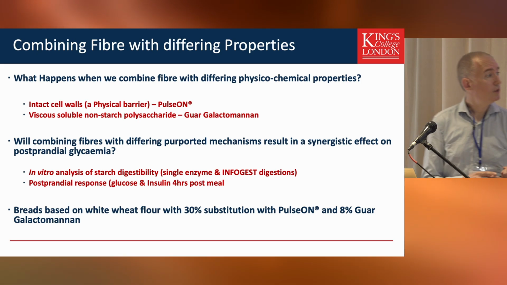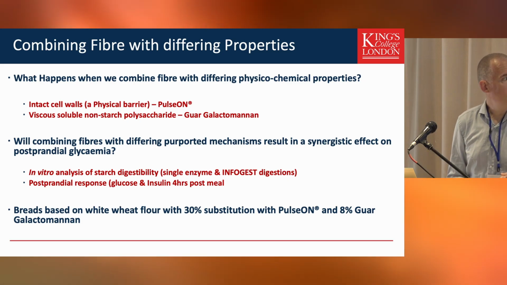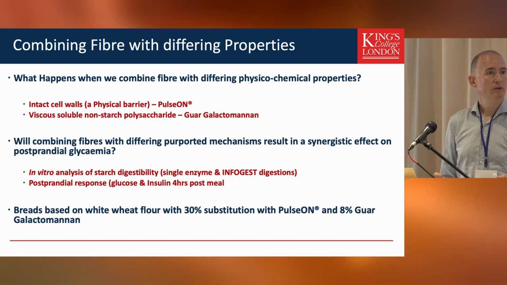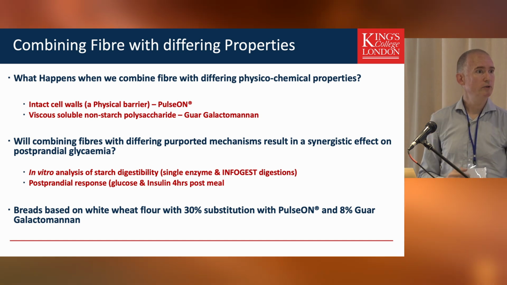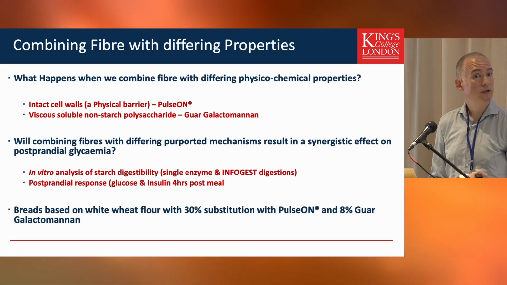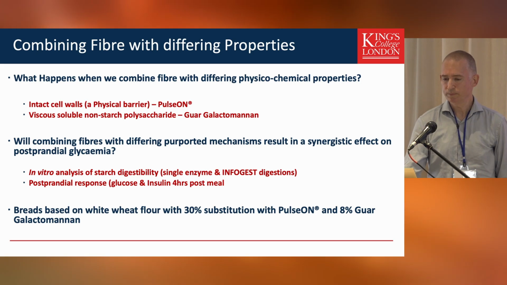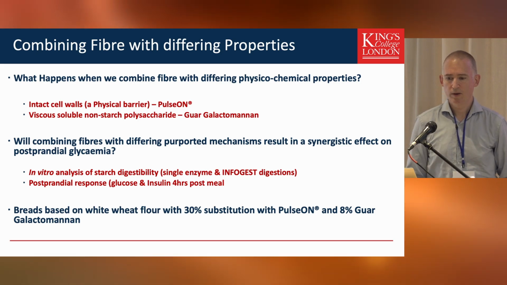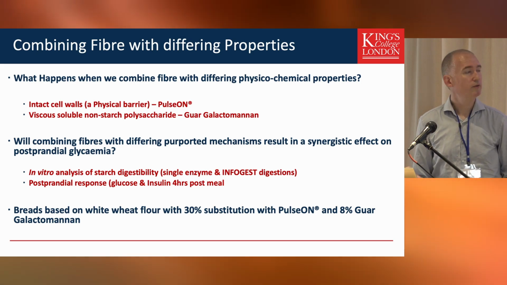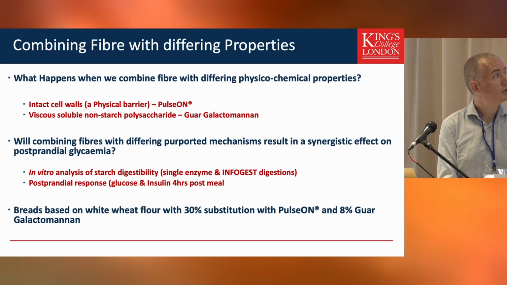The breads that we made were based on white wheat flour with a 30% substitution of the Pulson, which is the lower dose that we used in the previous study, but we included 8% of the guar galactomannan. So the three bread types we analysed in this part, so for the human study, was the wheat bread control.